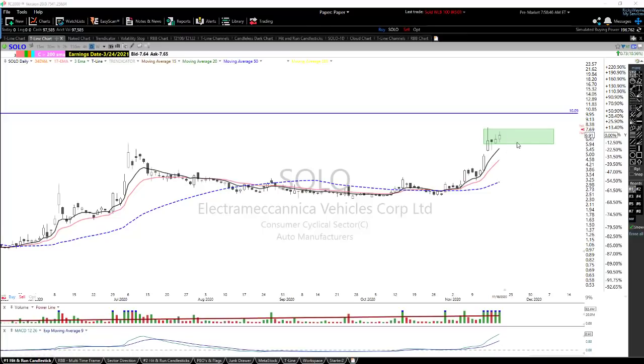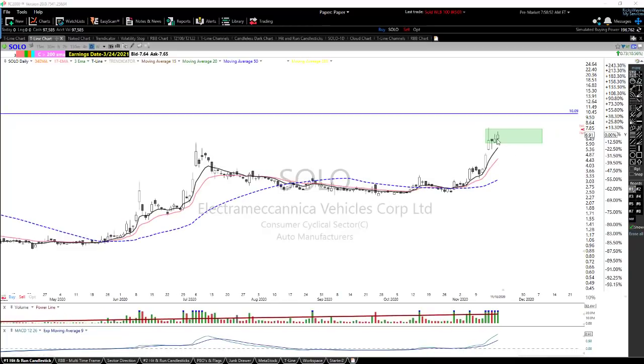Okay, so SOLO. I'm currently long SOLO. We're doing pretty well so far. I've got the buy box in here, and I've got a possible target that I'll be looking at. This is where we'll put the stop in.